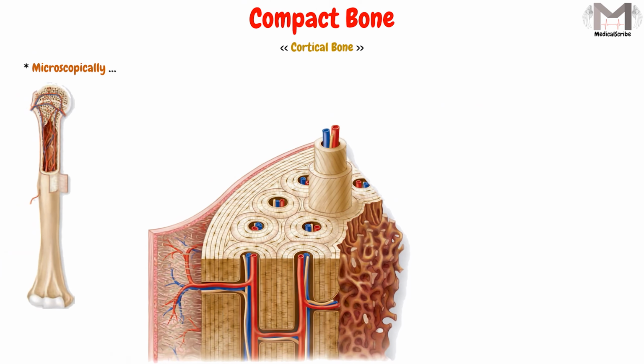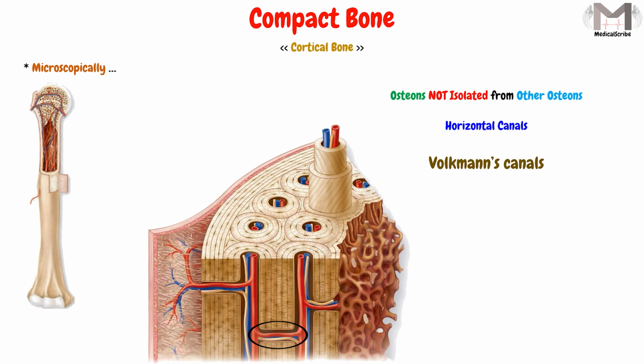Another thing to know is that these osteons aren't isolated from each other, because there is communication between them through special horizontal canals that connect osteon to osteon, called the Volkmann's canals. Between these osteons there are spaces, and these spaces are filled with lamellae called the interstitial lamellae.